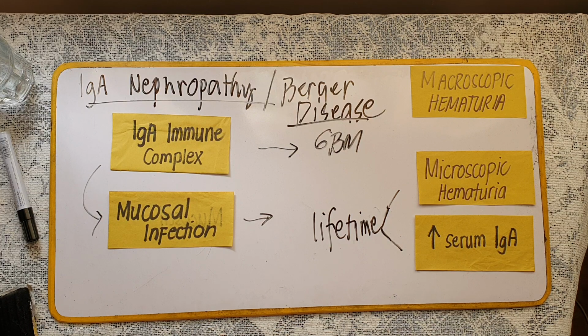A gradual progression to chronic glomerulonephritis and renal failure is also seen in most cases of IgA nephropathy. So it can also develop into chronic glomerulonephritis and even renal failure.